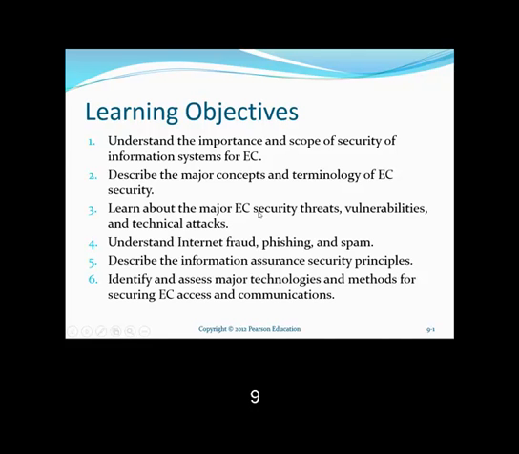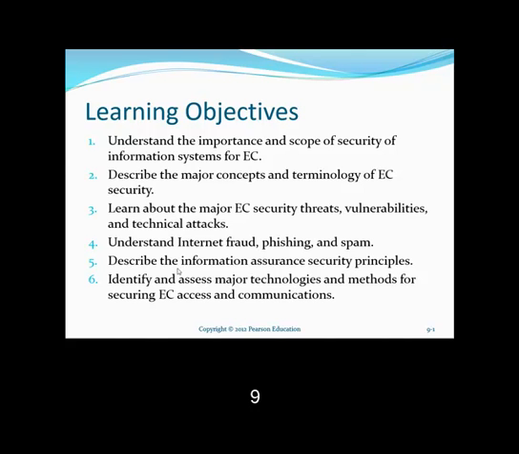So there are several learning objectives that we need to look at for this chapter. First of all, to understand the importance and scope of security of information systems for e-commerce. And then we will describe the major concepts and terminology of e-commerce security. Learn about the major e-commerce security threats, vulnerabilities and technical attacks. And then understand internet fraud, phishing and spam.